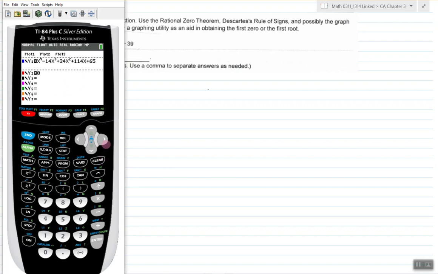So I'll clear this out, and I have 5x to the 4th power minus 74x to the 3rd power plus 100x squared plus 218x plus 39.